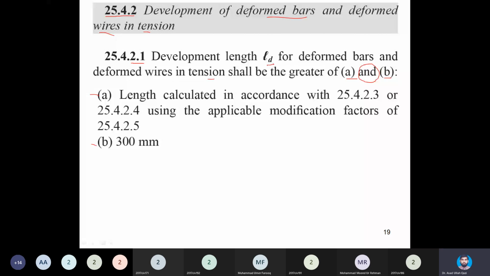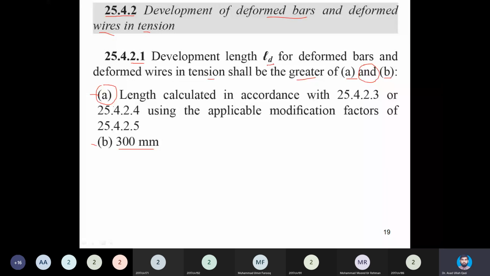The B part directly recommends that no bar can have a development length LD less than 1 foot, 300 millimeters. So whether for lower diameter bars or not, you need to calculate the development length from equation A, and if it comes out to be less than 300 millimeters, you have to provide 300.